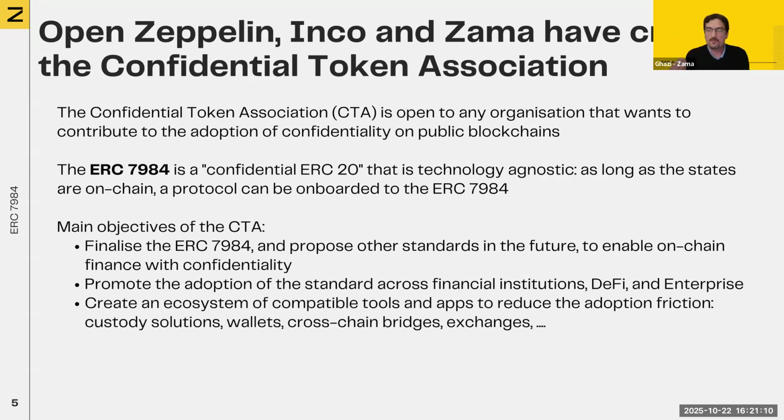The problem is that whenever you create a new way, you end up lacking all the tools and all the ecosystem to actually use that confidential token. And so we thought, let's create a confidential token association. Let's create an ERC that is technology agnostic. And let's make sure that the ecosystem builds around that ERC, irrespective of how the encryption is done.